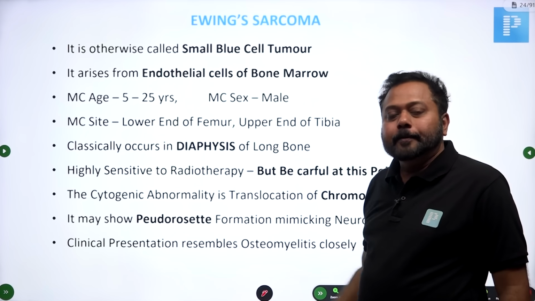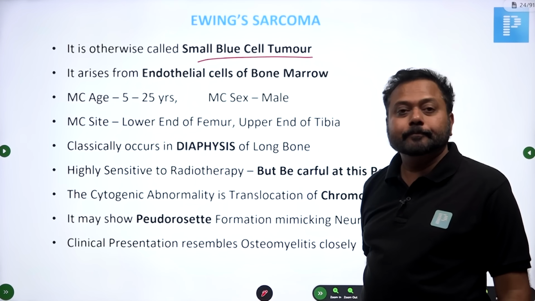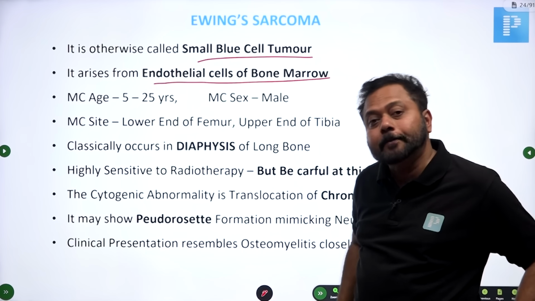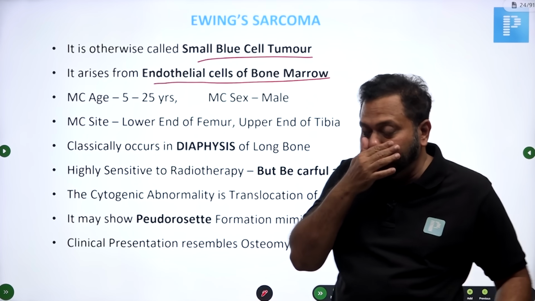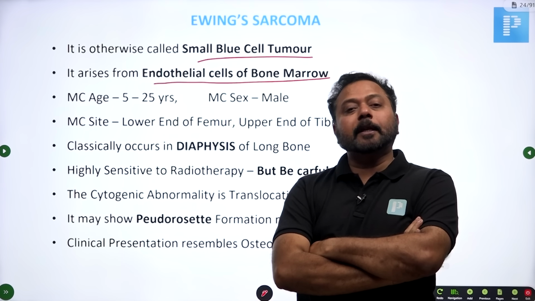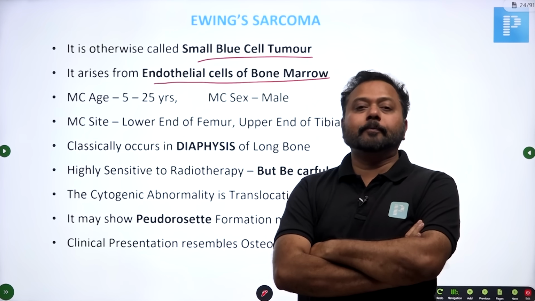You see, this Ewing sarcoma is otherwise called small blue cell tumor. It arises from endothelial cell of bone marrow. Why have I specifically typed this in bold letters? Because from bone marrow, two malignant bone tumors are arising. One is Ewing sarcoma, another is multiple myeloma.